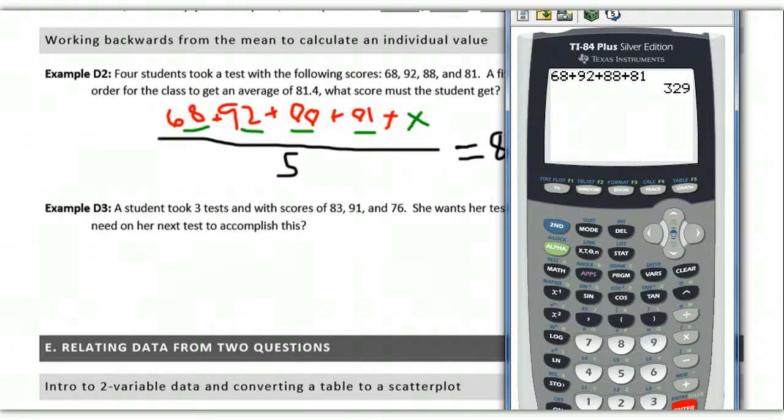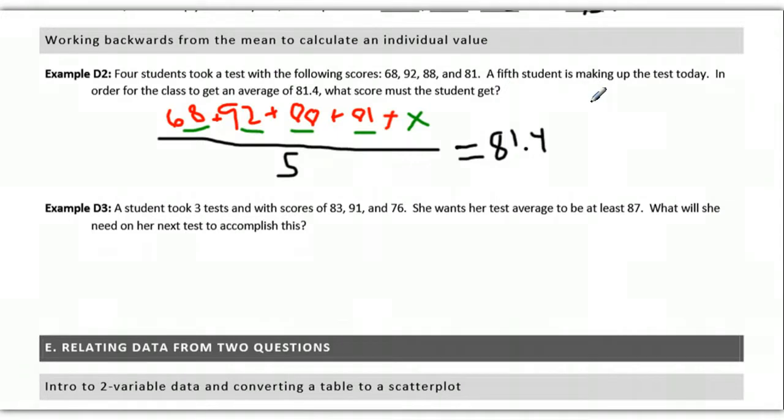And we get 329. So I'm going to write up here, 329 plus x, and that's all going to be over 5 equal to 81.4.